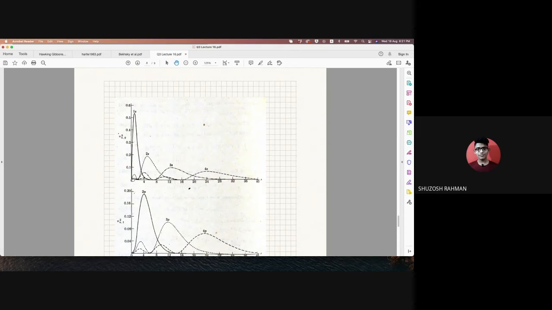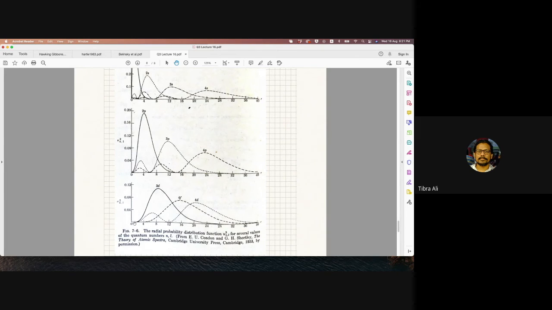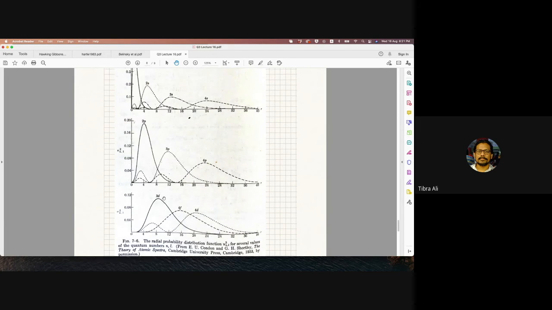Okay, but only for zero angular momentum. For the higher angular momentum, you see that it rapidly goes to 0 before it reaches the nucleus, right? For the higher angular momentum values. Also, for higher energy, it also is smaller, right?